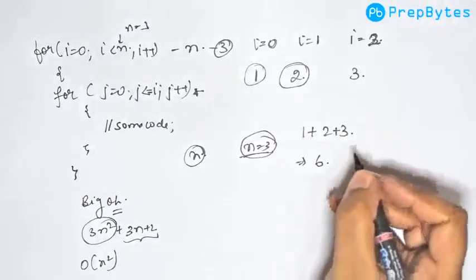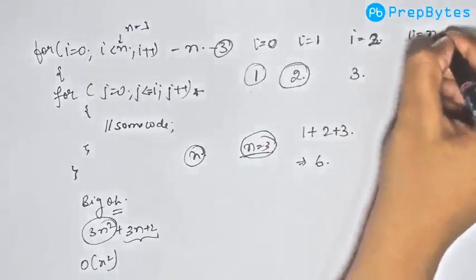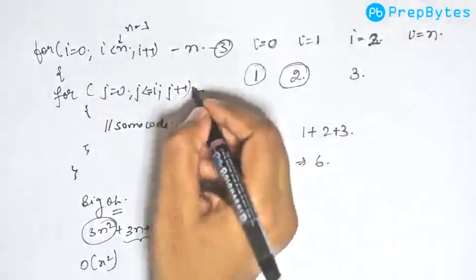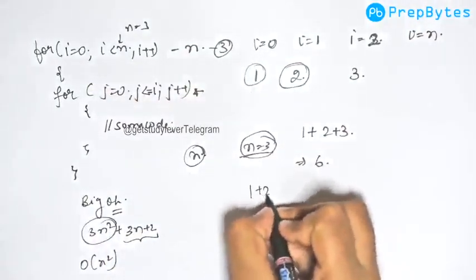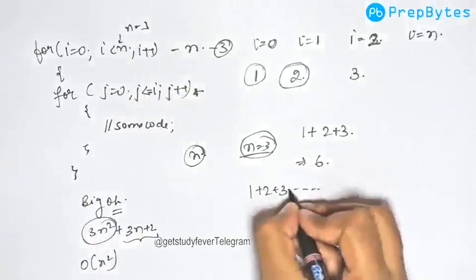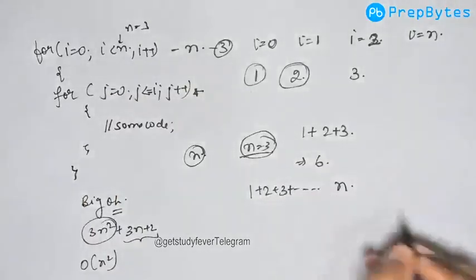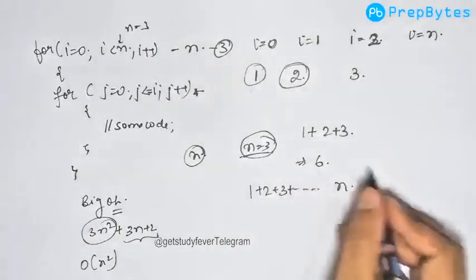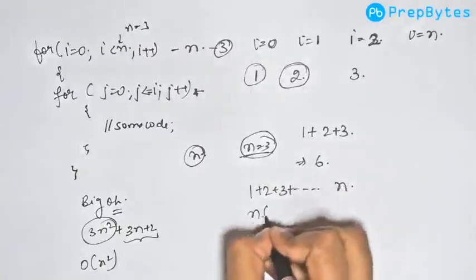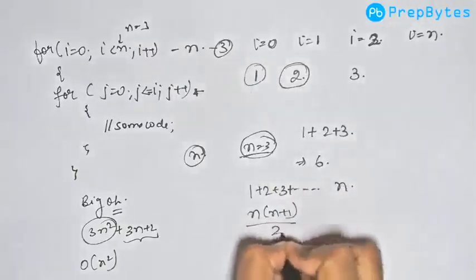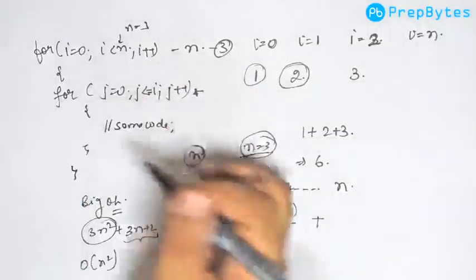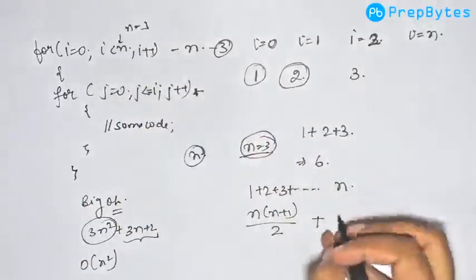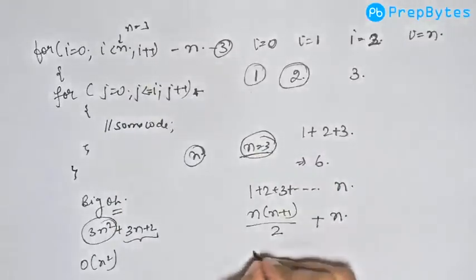So similarly, when we have i equal to n, how do we find the total number of times this particular loop has got executed? It is 1 plus 2 plus 3, and it goes until n. So we know this is the sum of n natural numbers, which is n into n plus 1 by 2. This will be the time complexity for this particular loop, and this will get executed n number of times.